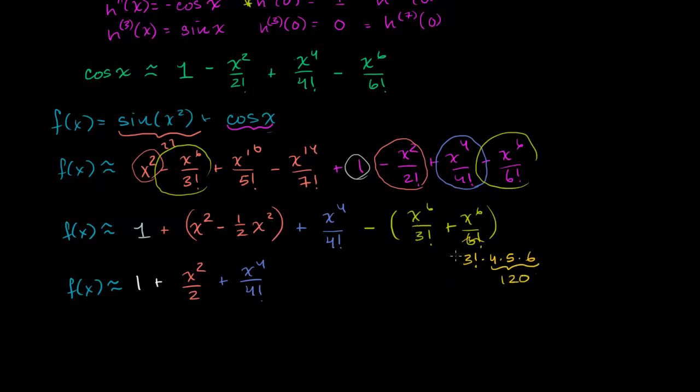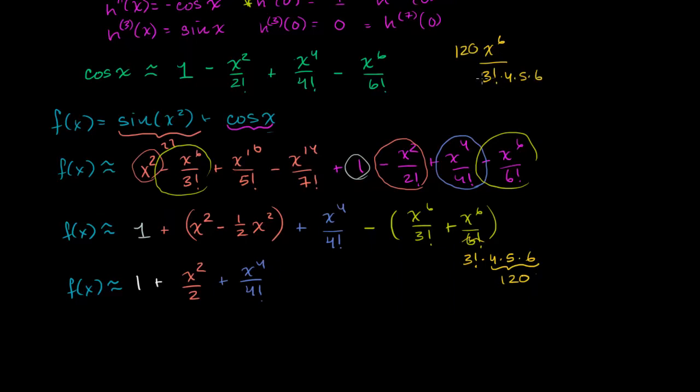Let me just rewrite this over here because I want this to be my final answer. So if I have x to the 6th over 3 factorial, I can multiply the denominator by 4 times 5 times 6, and then multiply the numerator by 4 times 5 times 6, which is the same thing as multiplying it by 120. So you have 120 up there. 4 times 5 times 6 is also 120.